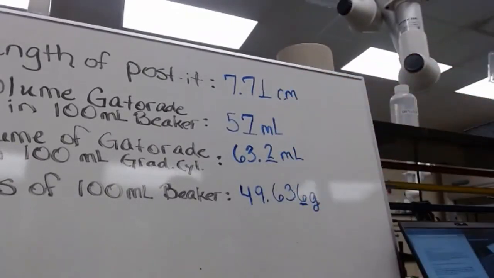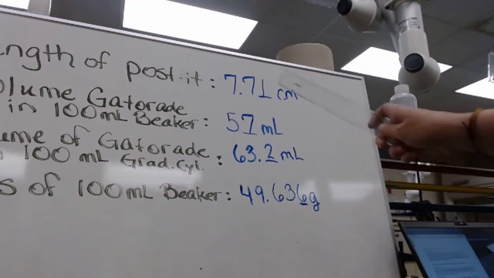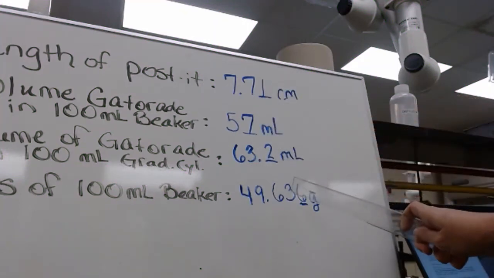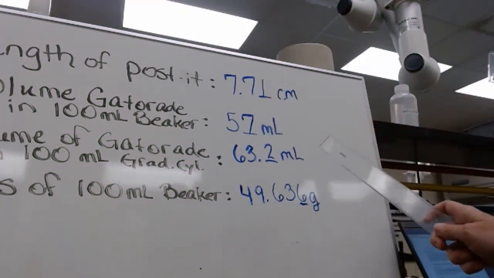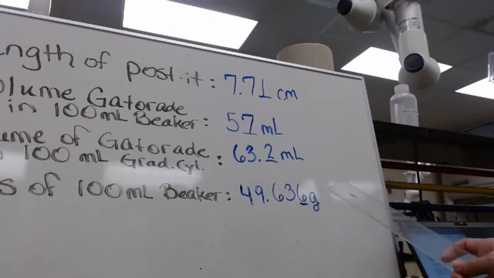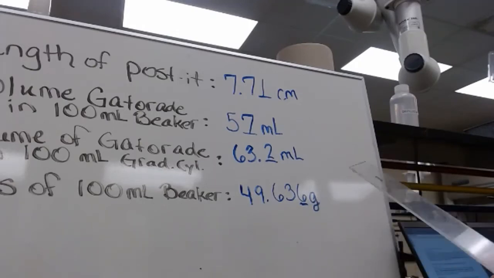So therefore, no measurement is exact. Exact are things that are counted. No measurement is exact. Each of these measurements has some uncertainty, and if you are uncertain about a number, you cannot say that it's exact.